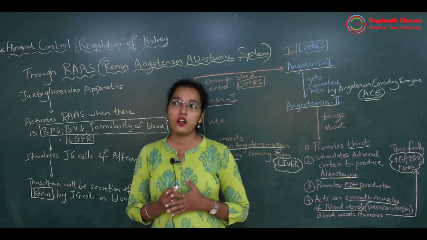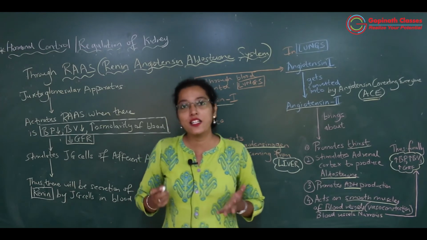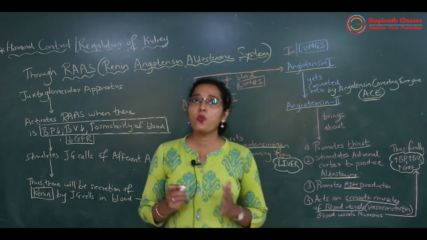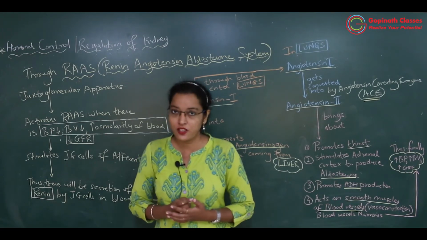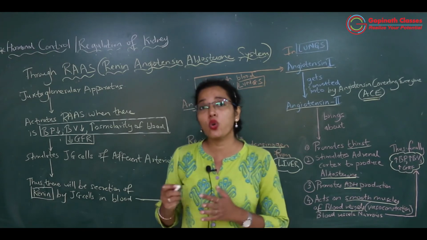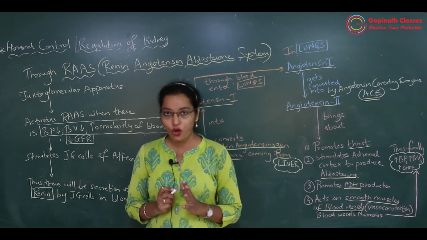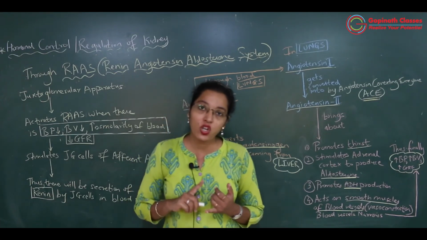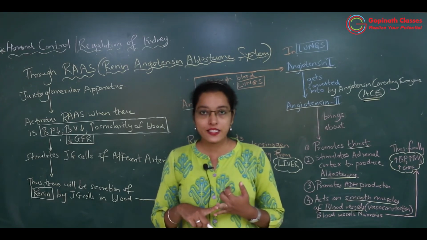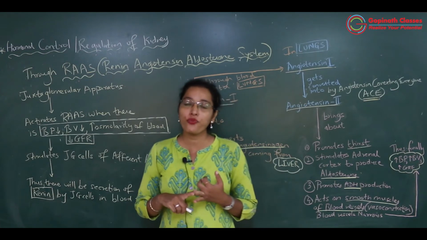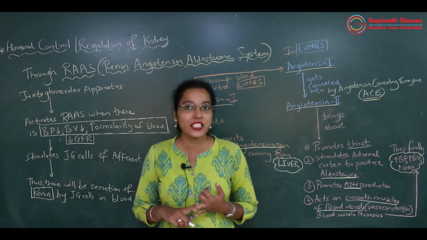cells, then macula densa cells, then Lacis cells, these all cells get stimulated. So where have we studied these cells, try to recollect. We have studied these three types of cells in the juxtaglomerular apparatus. The juxtaglomerular apparatus consists of JG cells, that is juxtaglomerular cells of afferent arteriole, then macula densa cells, which are the cells of the posterior part of ascending limb and initial part of DCT.